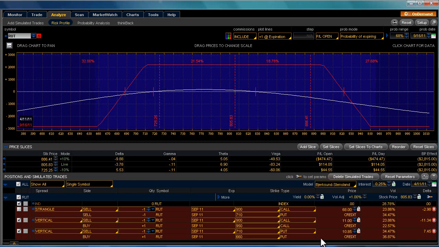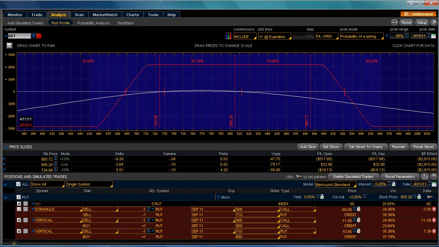We're down to 114. You don't really want volatility to go up, because that is going to hurt you. As volatility goes up, we're at 2% now, we're back down to break even a month from now.